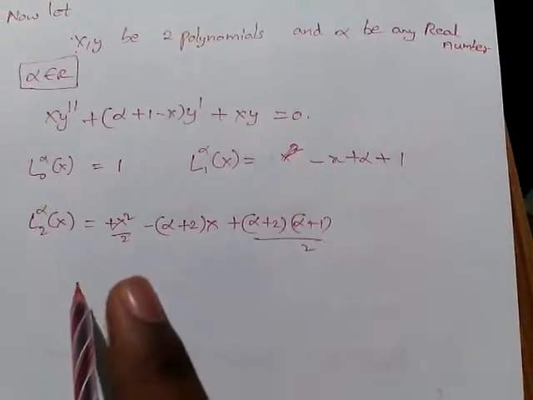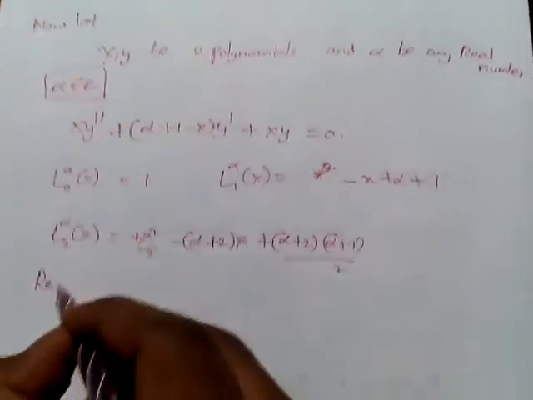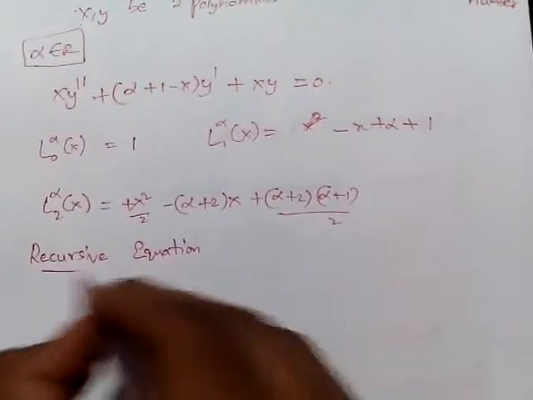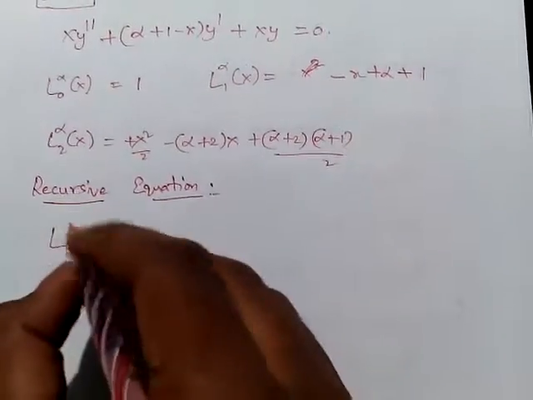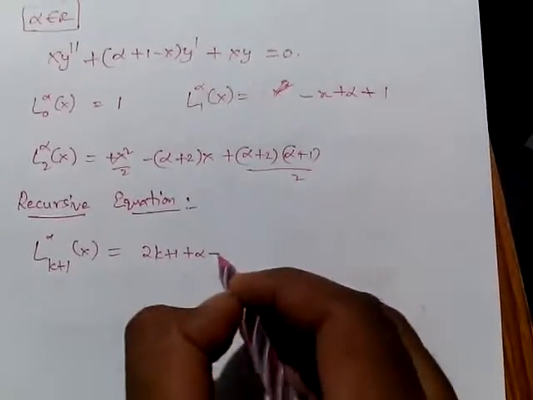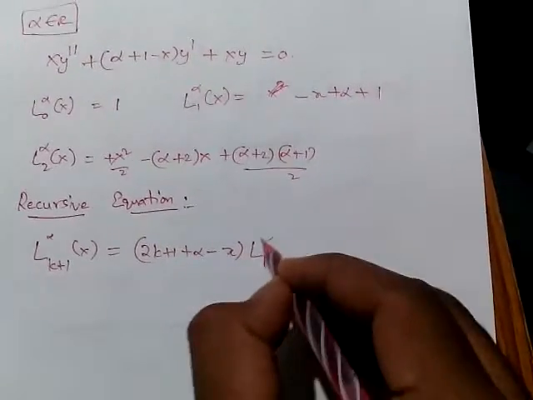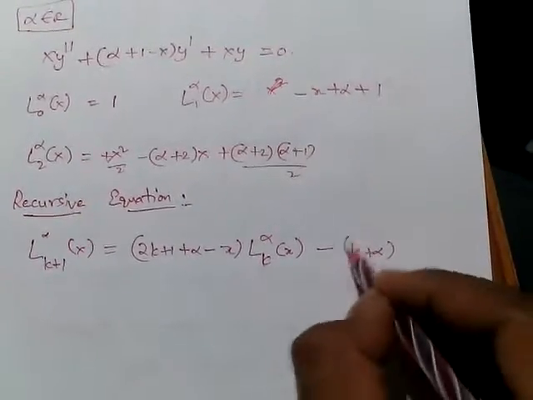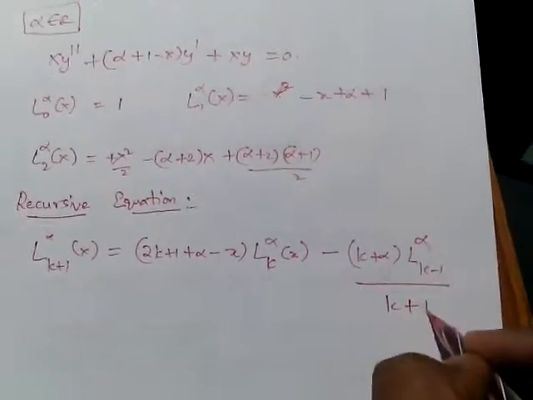Like Hermite polynomial, there is a recursive form for this Laguerre polynomial also. Now I am writing the recursive equation of this polynomial. Recursive form will be like this: (k plus 1) L k plus 1 alpha of x is equal to (2k plus 1 plus alpha minus x) into Lk alpha of x minus (k plus alpha) into L k minus 1 alpha of x.